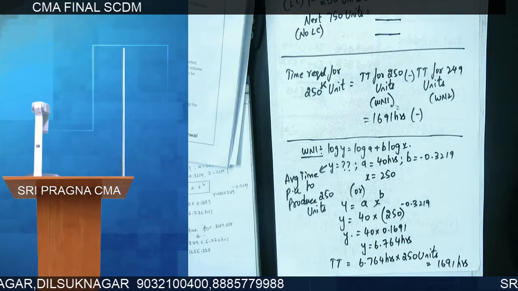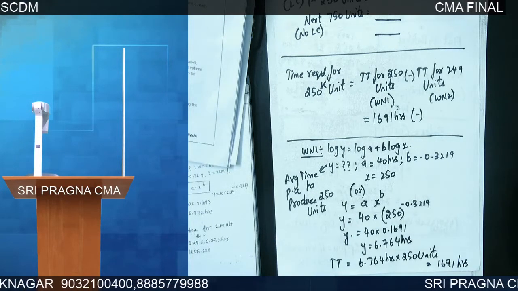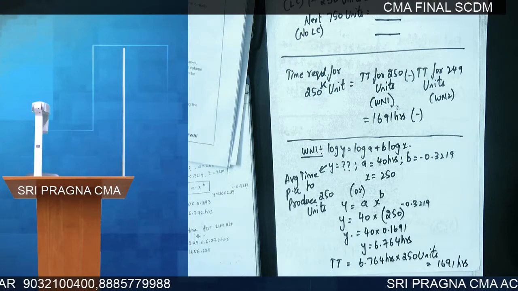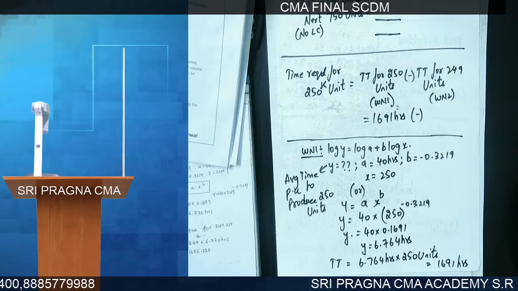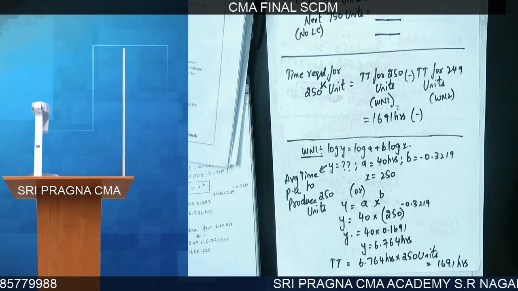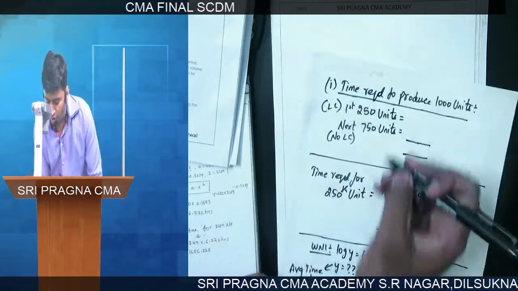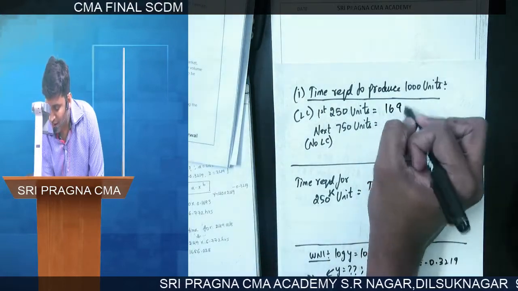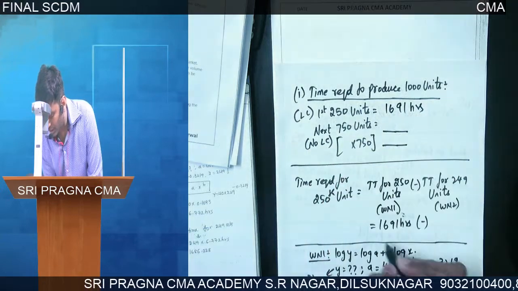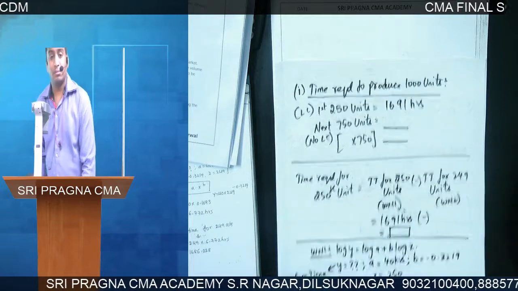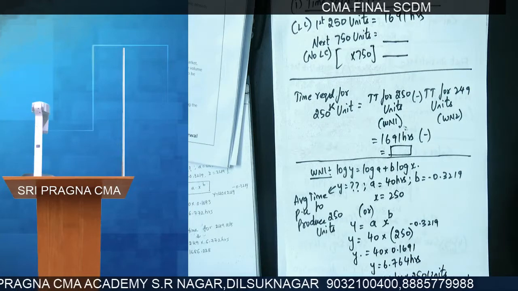The difference is x will be 249, so you have to give me 249 into this value. Check that, and everything else you can do. Once you get the value, you deduct. Here we automatically write 1691, the time taken by the 250th unit, into 750. Then we add. That gives the answer for the first bit.